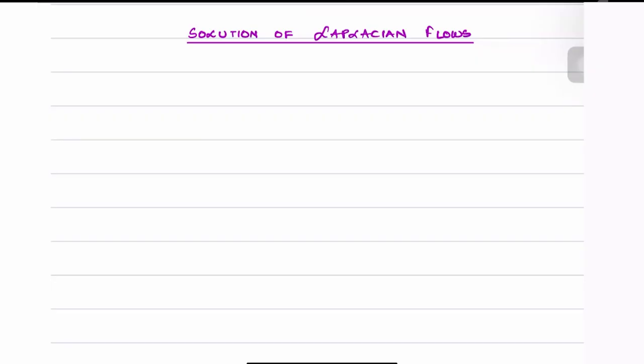Let's start by doing a quick recap of a formula that we'll be using in today's lecture.